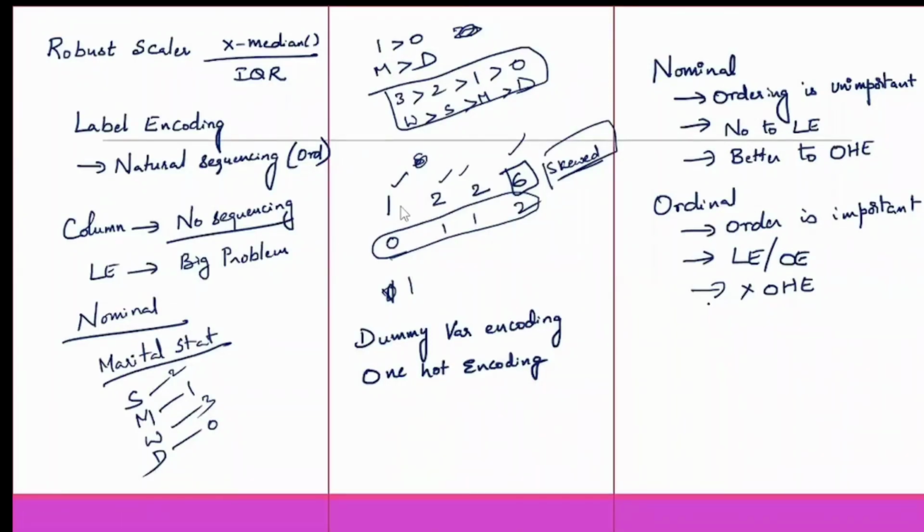One-hot encoding increases the dimension of the data and makes the data complex. So when there is an ordinal variable, you don't use one-hot encoding. Rather, it would be better that you do a label encoding, or you can go with an ordinal encoding.